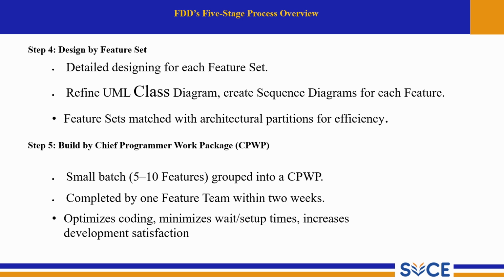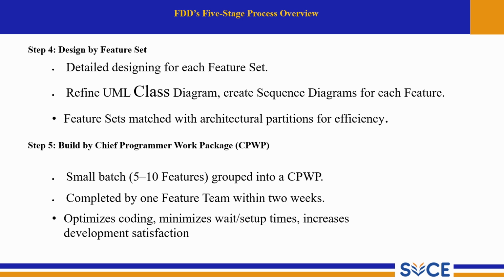And next one is feature sets matched with architectural partition for efficiency. That is, designs are aligned with system architecture, so development is smoother, more modular and efficient. So the detailed design ensures features are technically well prepared before coding.